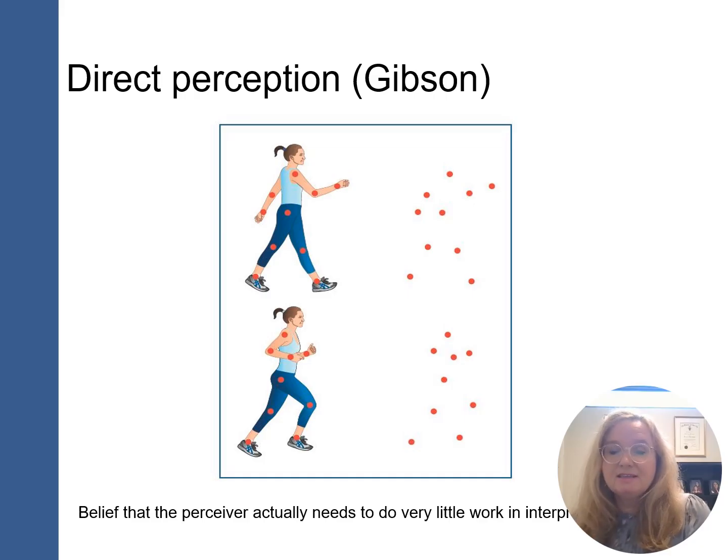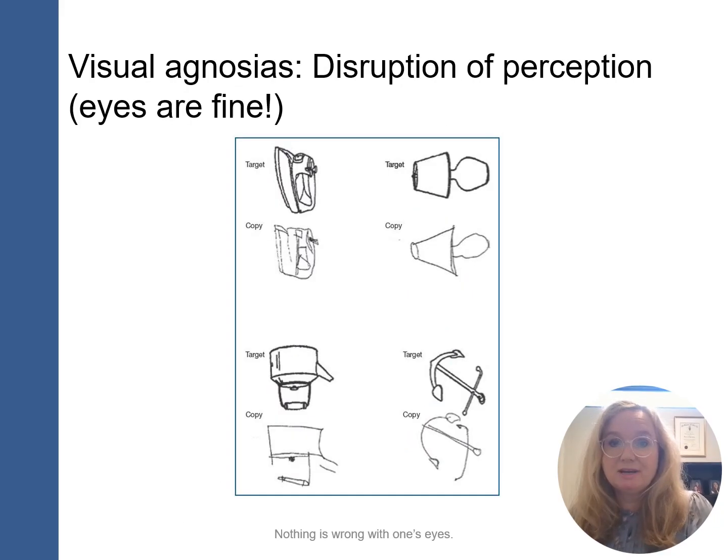With a very limited amount of bottom-up information coming in, you'll be able to figure out if someone is walking, jogging, or whatever they're doing. You might be able to tell if they're a younger or older person, all kinds of interesting things. What it tells you is that the top-down information really can be super useful, and we don't need a whole lot of bottom-up information to make judgments.